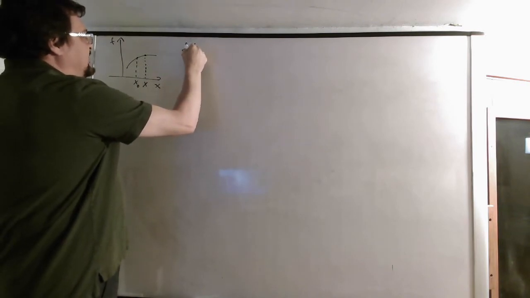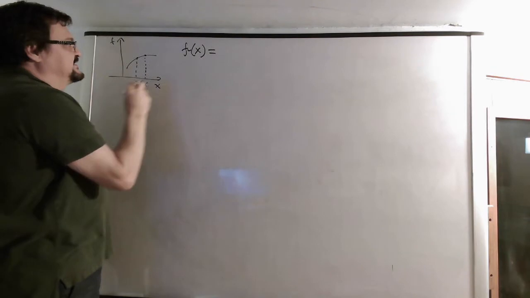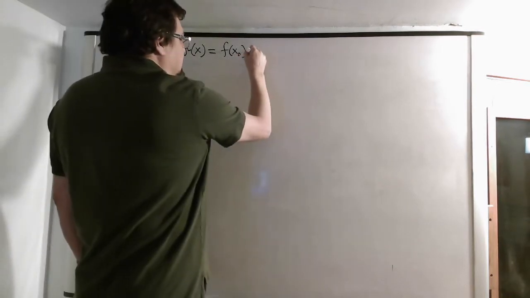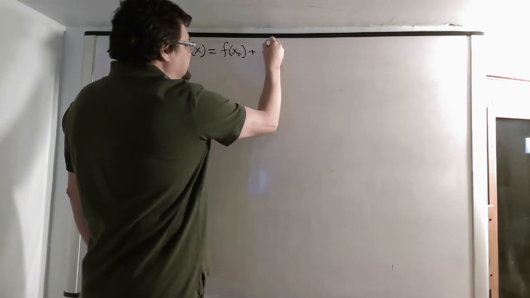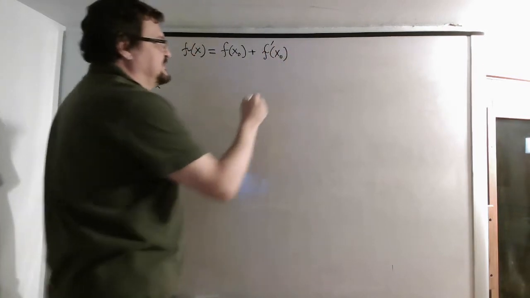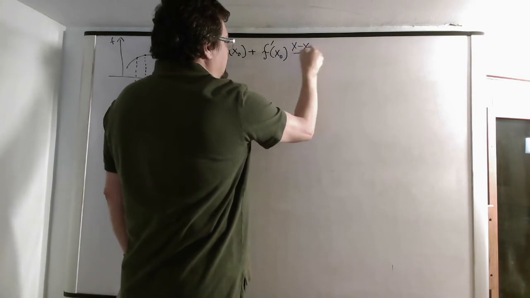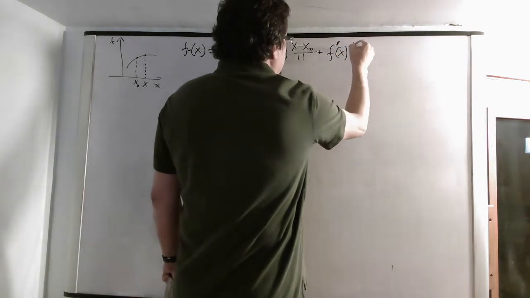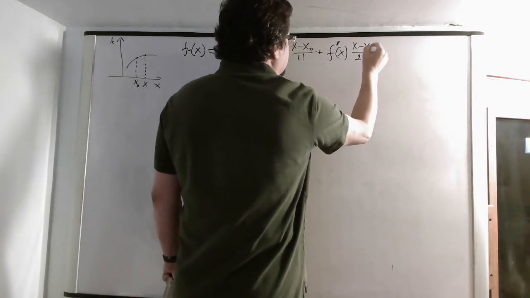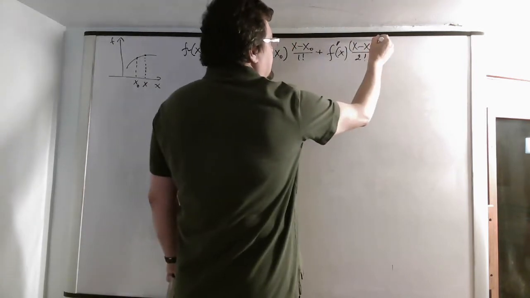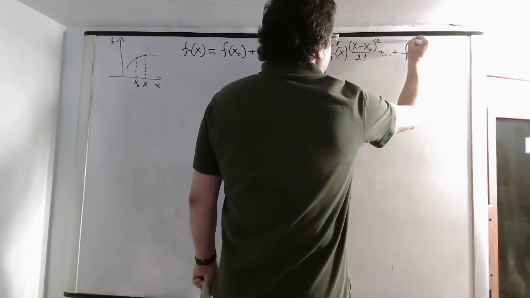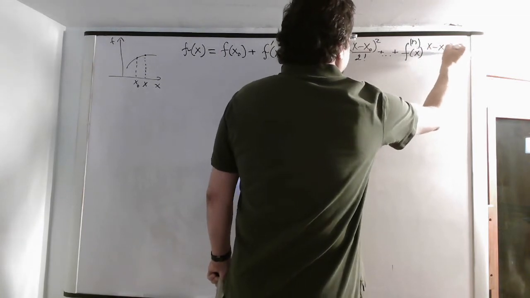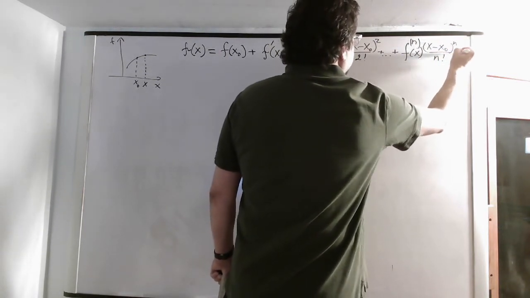So we have our Taylor series that says that the value of the function at this point that we don't know equals the value of the function at the point that we do know, plus the derivative of that function at that point, times x minus x naught divided by 1 factorial, which is just 1, plus the second derivative, times x minus x naught squared divided by 2 factorial, and so on, plus the nth derivative times x minus x naught to the power of n divided by n factorial, and so on.